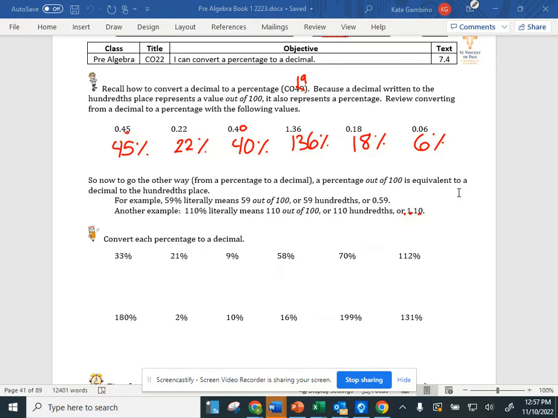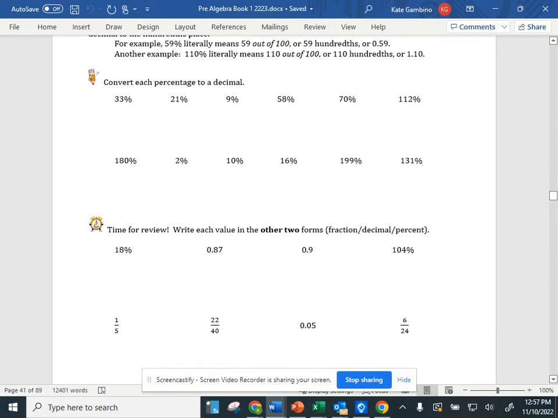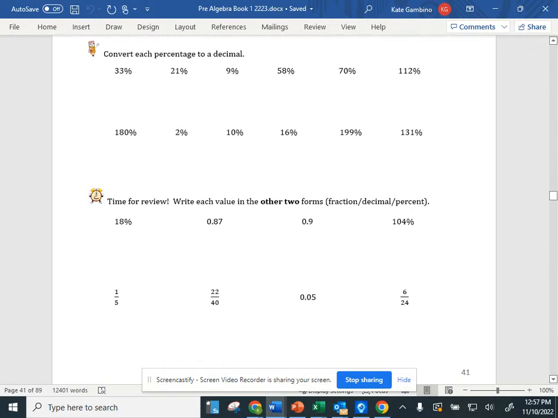So let me scroll up. We're going to be converting our percentages to a decimal. So if we look at 33%, how would that look as a decimal? Evan? 0.33, because we read that as 33 hundredths, because our decimal goes to the hundredth place.